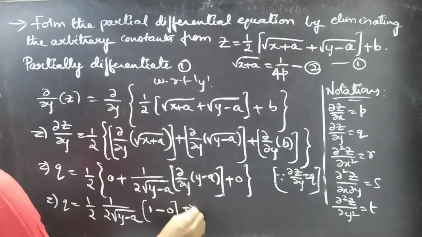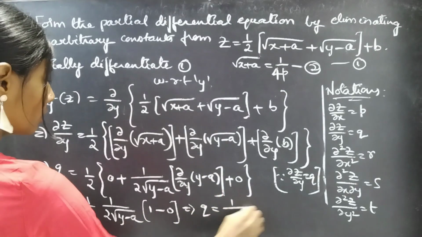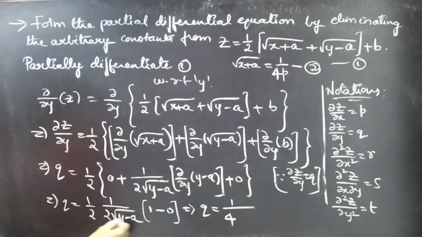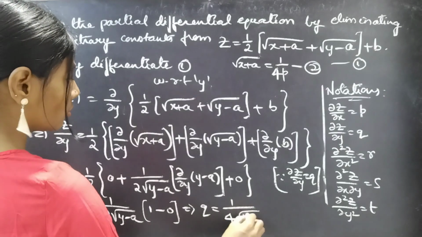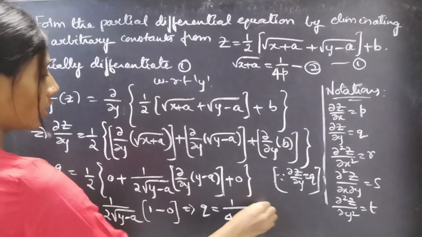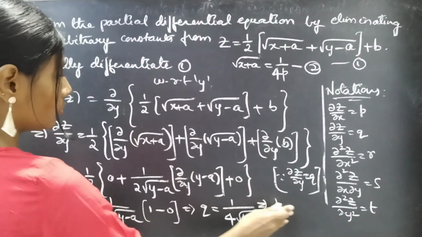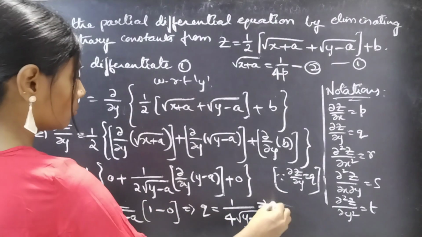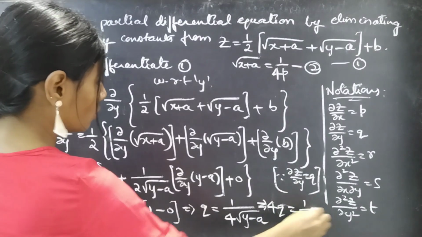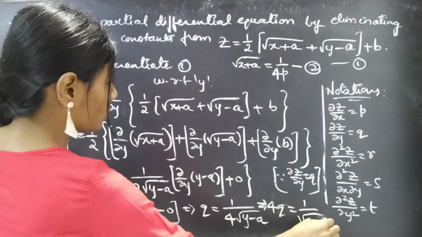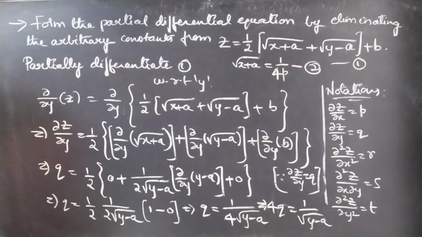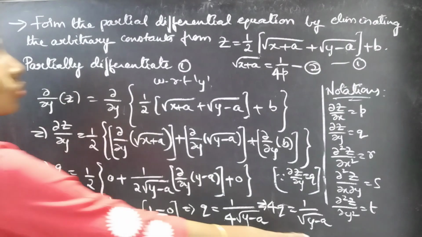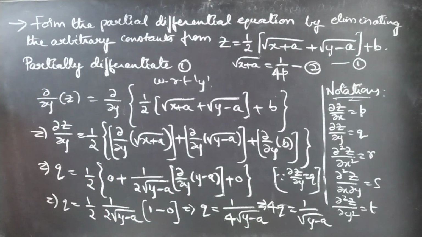Which gives us q equal to 1 by 4 into square root of y minus a, or 4q equal to 1 by square root of y minus a. Just bring this 4 to the LHS, you'll get 4q equal to 1 by square root of y minus a, or we can write it as square root of y minus a equal to 1 by 4q.